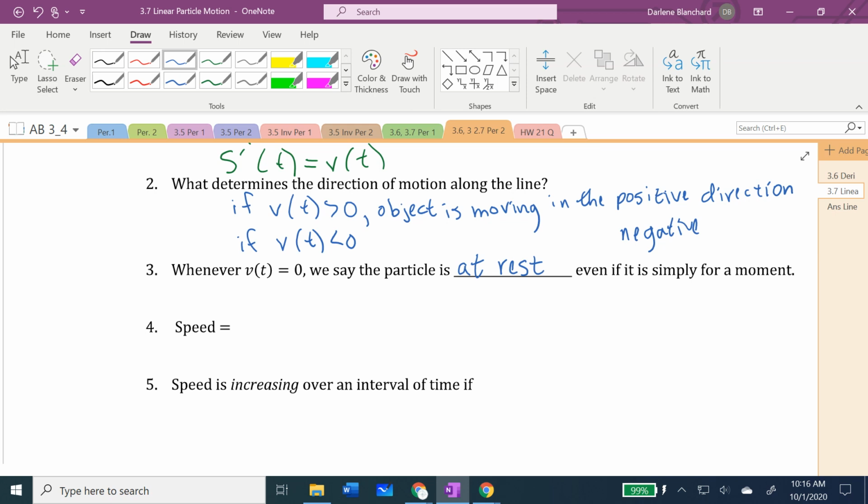Speed. What is speed? Speed is the absolute value of velocity. For those of you familiar with physics, you might say that it is the magnitude of the velocity vector.